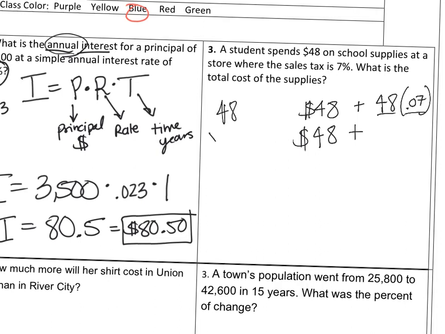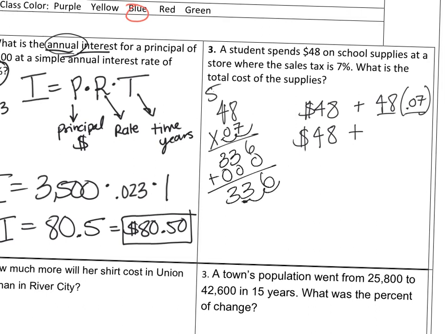48 times 0.07. 8 times 7 is 56. 4 times 7 is 7, 14, 21, 28. Plus 5, 33. We could put 0 there. We don't really need to. So we went 2 decimal places. Is your answer reasonable?